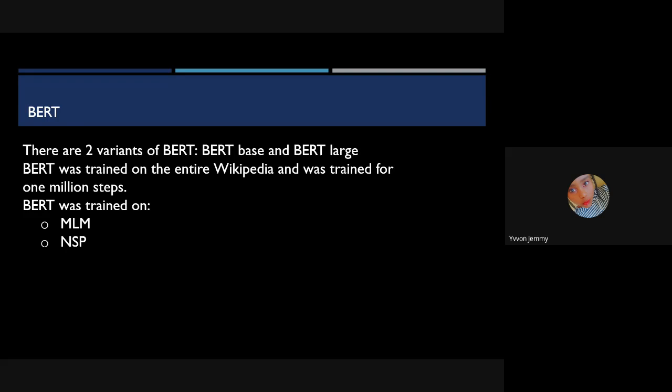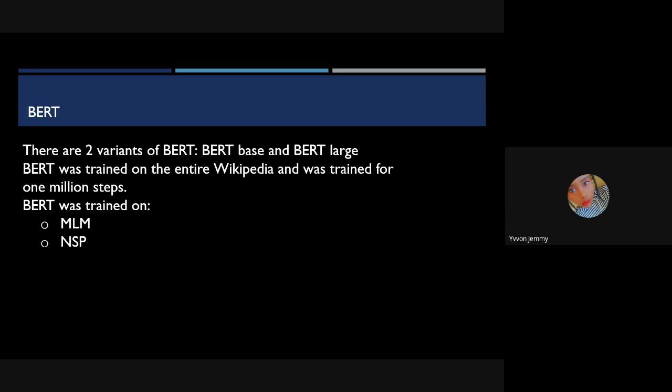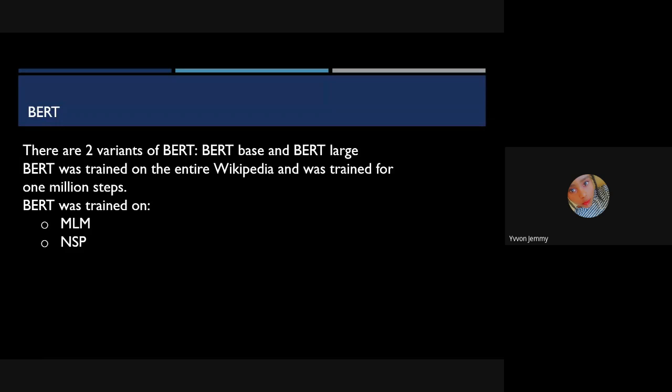I decide to mask "tears" and let BERT guess what I'm trying to say: I was crying and dash were falling from my eyes. That is what masked language model means. It masks a word and then lets the model guess that word. And then there is NSP, which means next sentence prediction. Like, I was crying, and then you let it predict the next sentence: tears were falling out of my eyes.